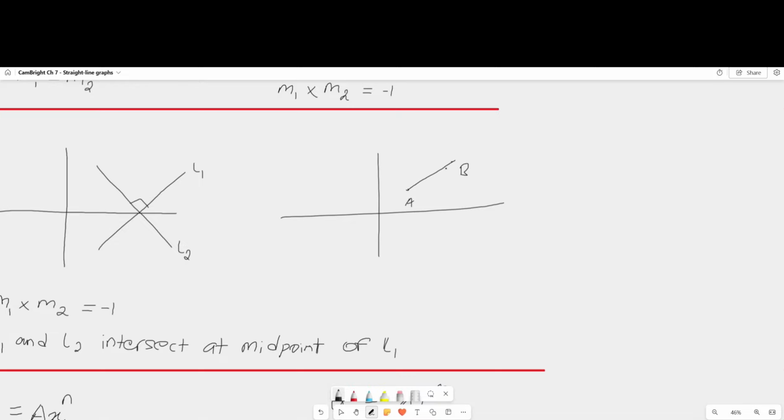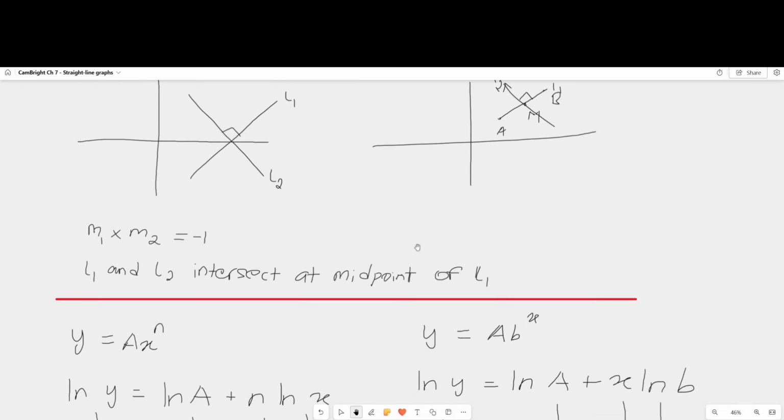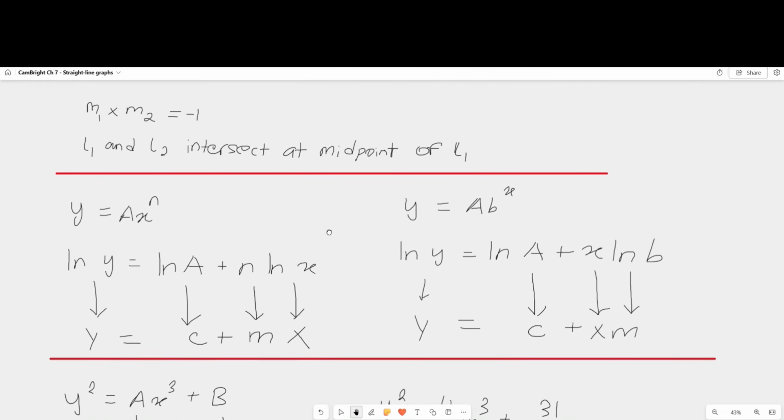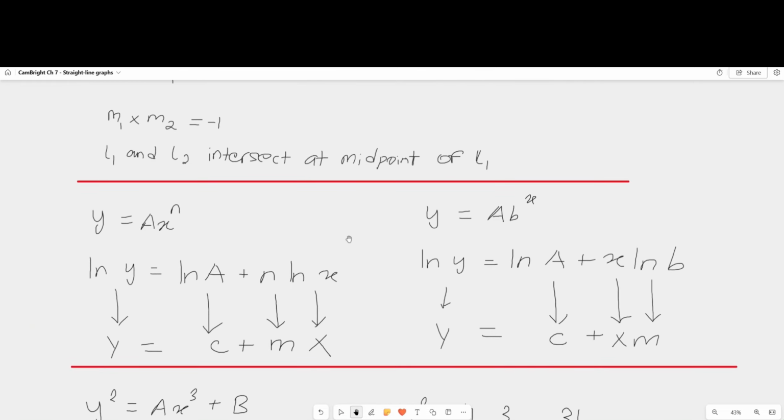So this will be some line that goes through A and B. Then let's say midpoint M approximately over here, and you have a line that passes through M. So this line L2, if this is L1, L2 is the perpendicular bisector to L1, and that's just stated here in words.